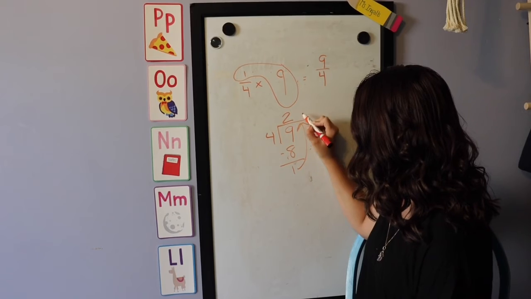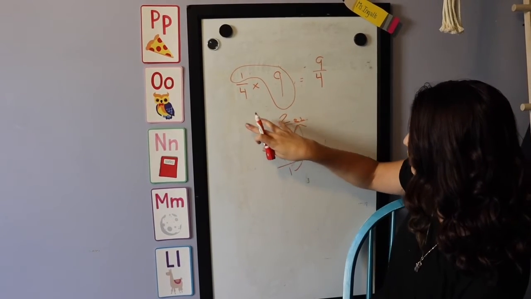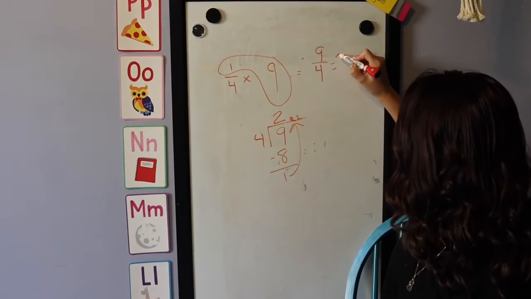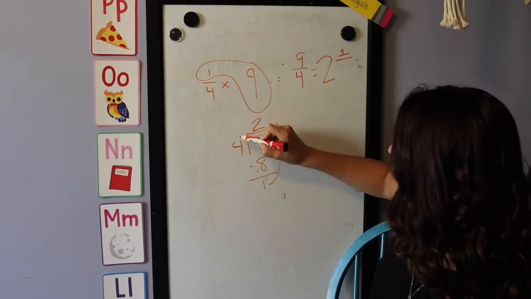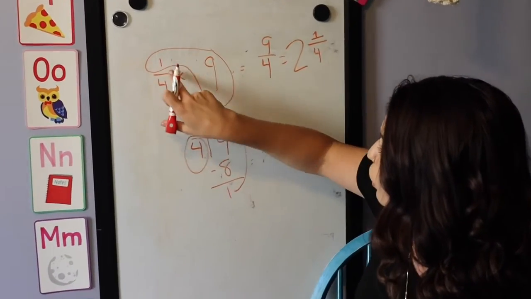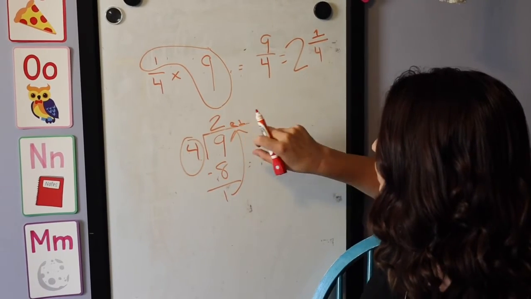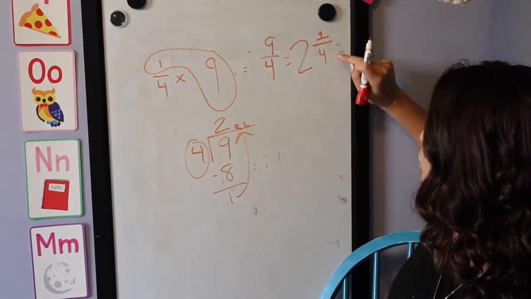Bring it up. Remainder 1. So remember this, our whole number goes here. Our remainder becomes our new numerator. And our denominator does not change. So it's over 4. So 1/4 times 9 equals 9/4, which simplified is 2 1/4.